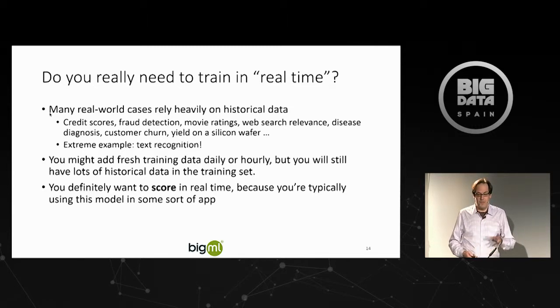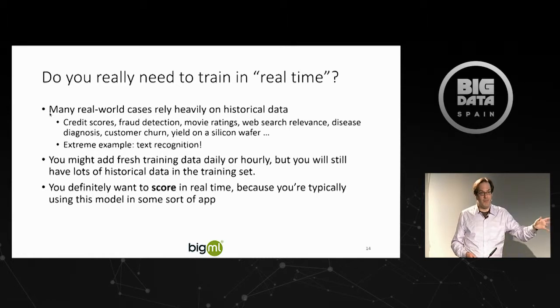You might be adding fresh training data to your data set, so you can draw better rectangles, right? But you're still going to have a lot of historical data when you're training your model, when you're drawing those rectangles. And so, again, you definitely want to score in real time. Once you've drawn the rectangles, you definitely want to know instantly which rectangle a data point falls into.